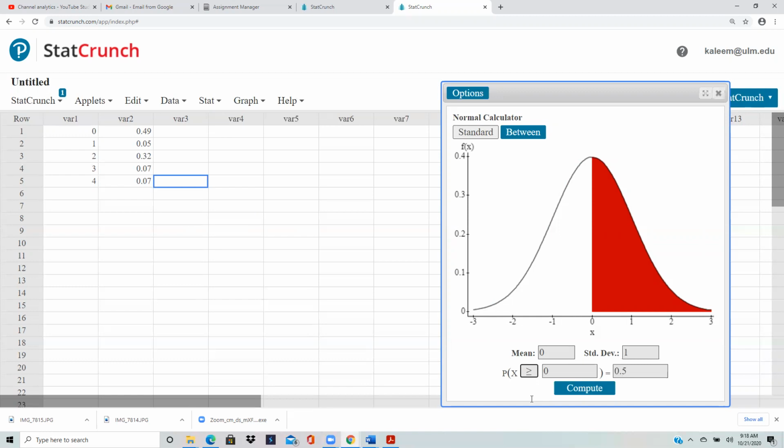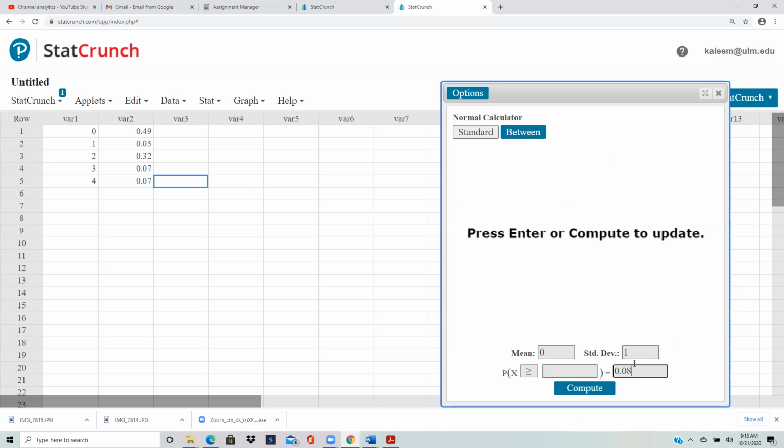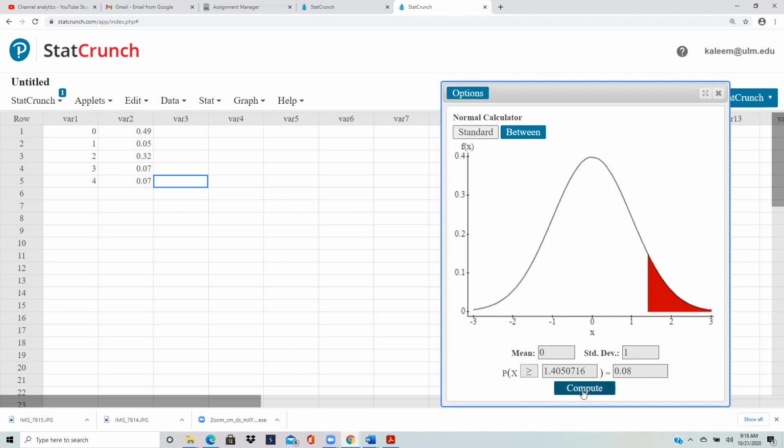No, the 0.08 is the area. So z alpha means that alpha is the area to the right. And which one is the area box? The one across from the equal sign to the right. So z has to be calculated, and that's 1.41.